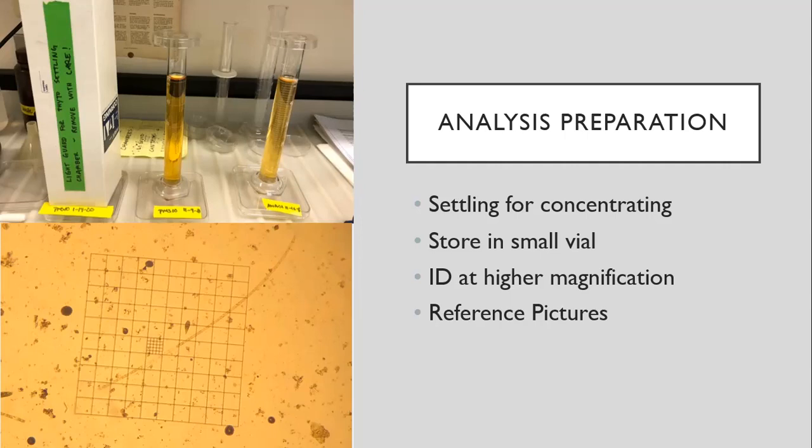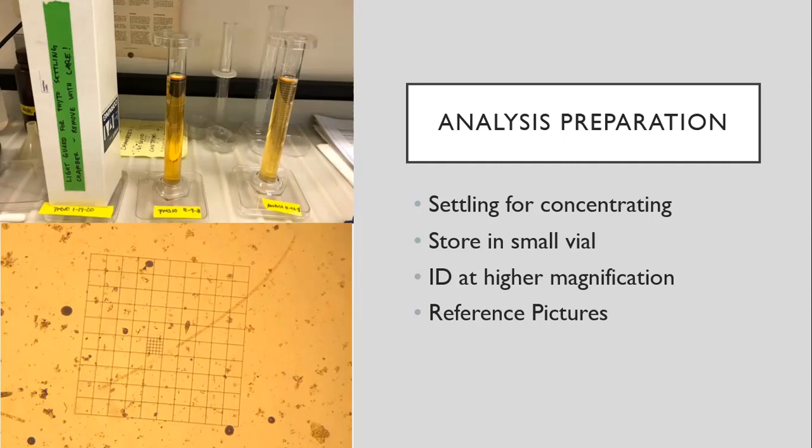So once you have the sample, it's best to identify which species is which at a higher magnification first, because usually our method for enumeration, the magnification on the microscope only works at a certain magnification for the type of slide we use to enumerate.